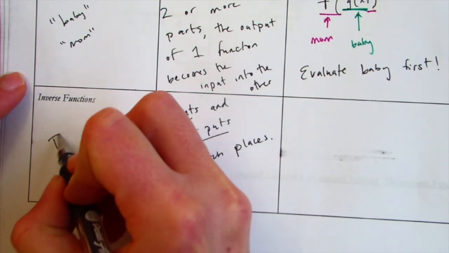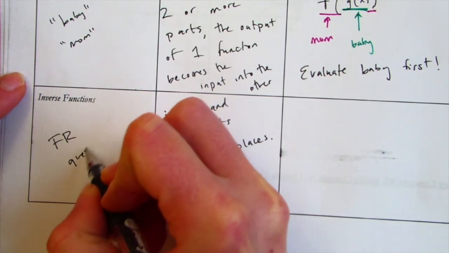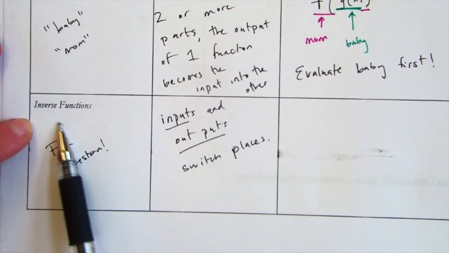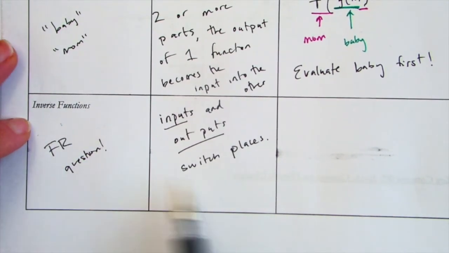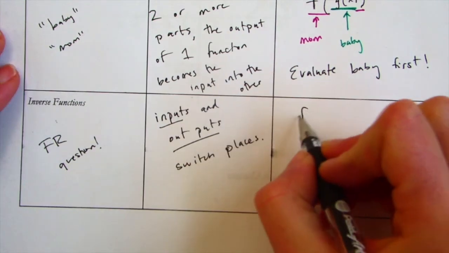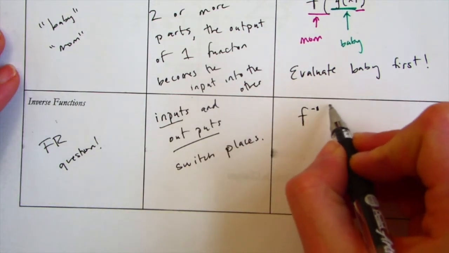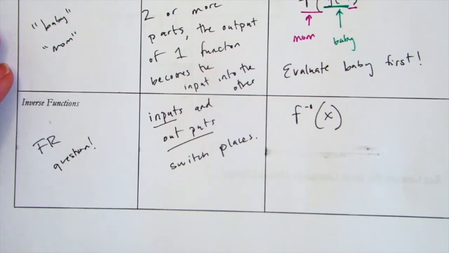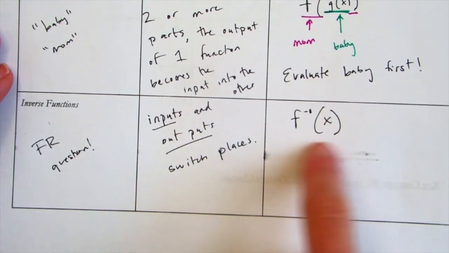So there'll be 2 free response questions, one about inverse functions and one about piecewise functions. So normally the notation for this is f of -1 of x, and that would be your sign, your mathematical symbol, your sign that you're looking for an inverse function.